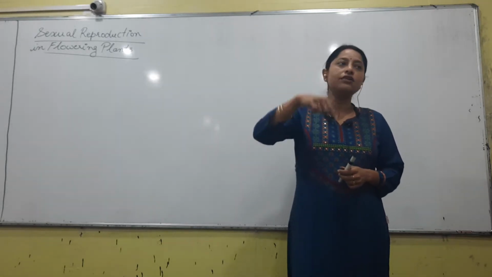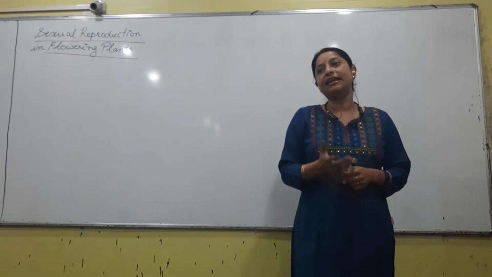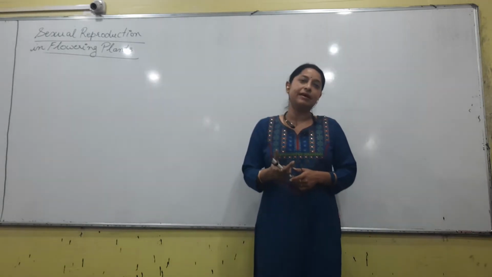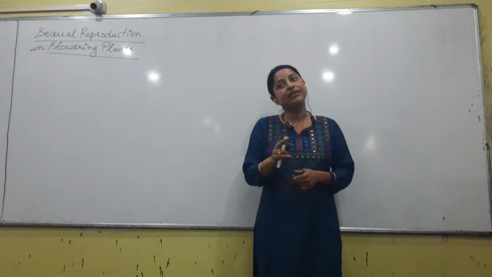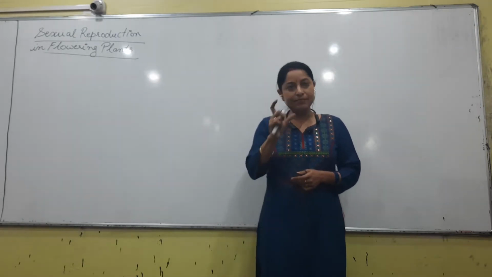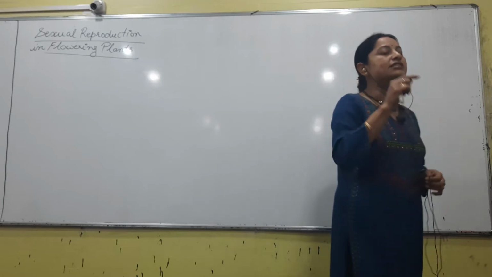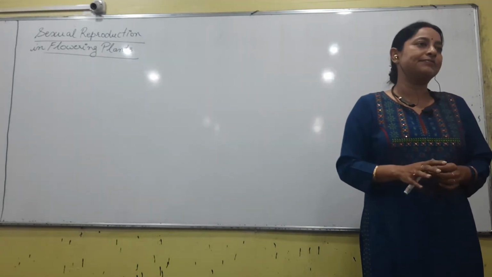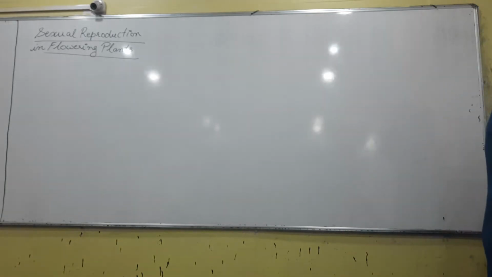The male flower could not fertilize the female flower. That is what is called incompatible. Who is incompatible? The pollen grain is incompatible, and so we are using the word self incompatibility. Clear? Simply, what do we remember: pollens of the same plant cannot fertilize the flower of the same plant. Clear? So continue with the rest of what you have written.